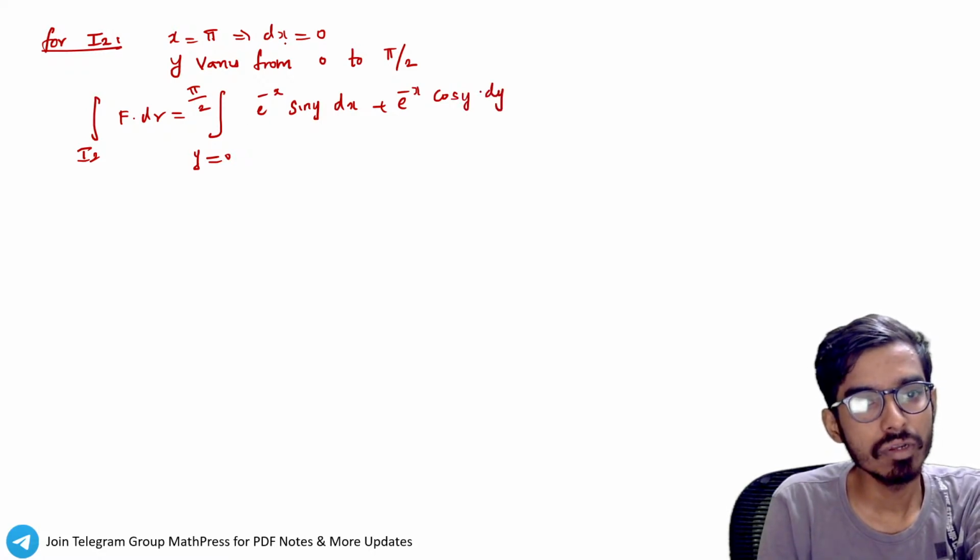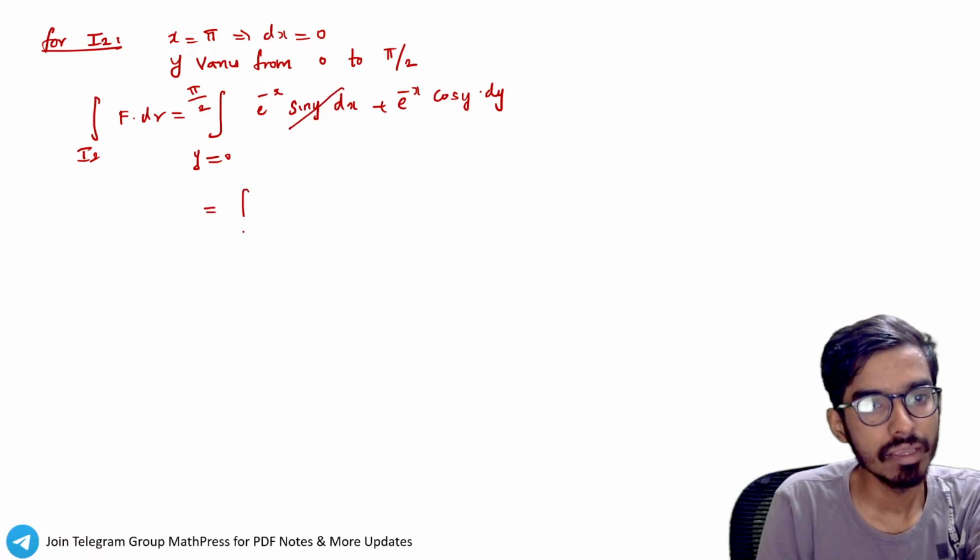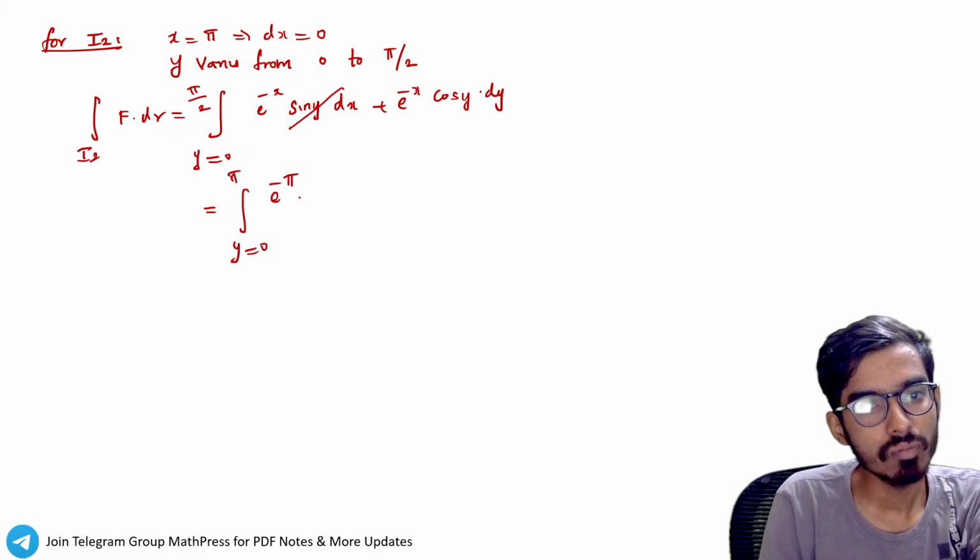Since dx is 0, this term will be 0, and x is pi, so this will be y from 0 to pi by 2 of e power minus pi cos y dy.